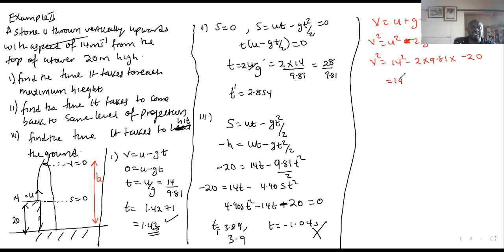This will give us 196 plus 4 times 98.1. What answer do you get for v squared?